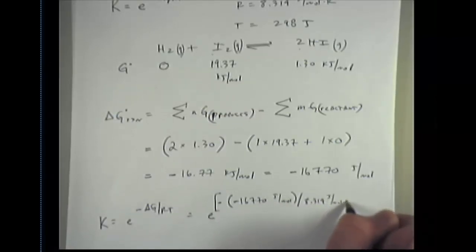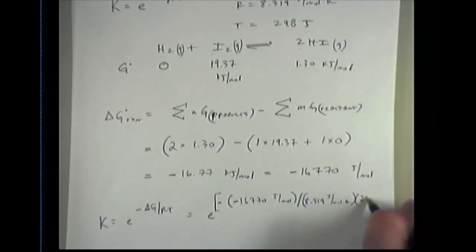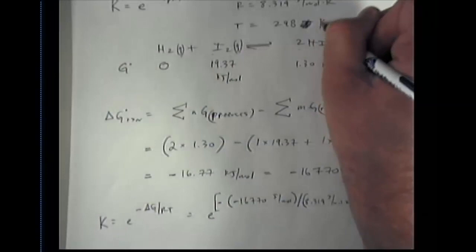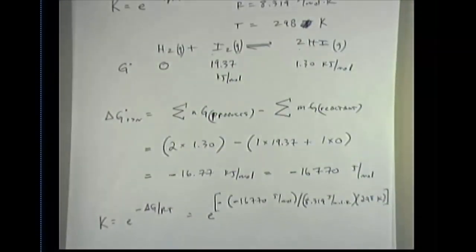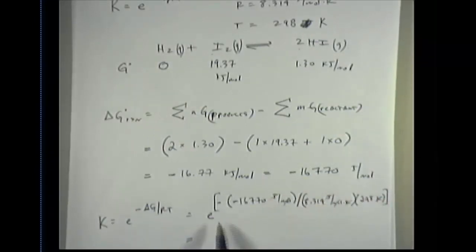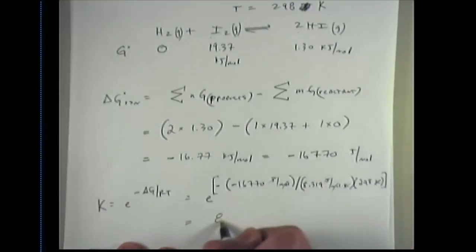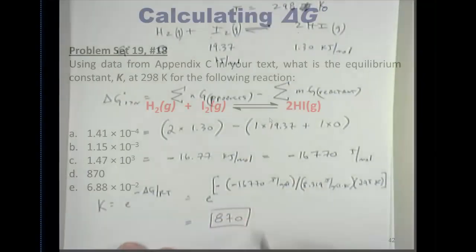You can see once again the importance of the units right here, right? The temperature is 298 Kelvin. I think I wrote joules up on top for some reason. That doesn't make sense. The units all cancel each other out. Moles and moles, kelvins and kelvins, and joules and joules. And I end up getting, as I throw this into my calculator, a final answer of 870.